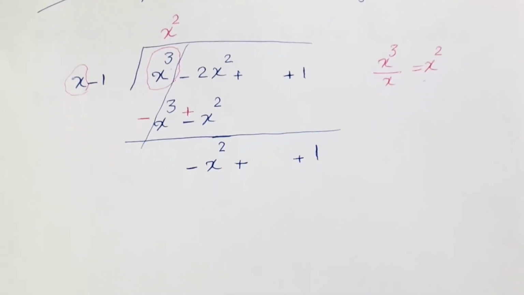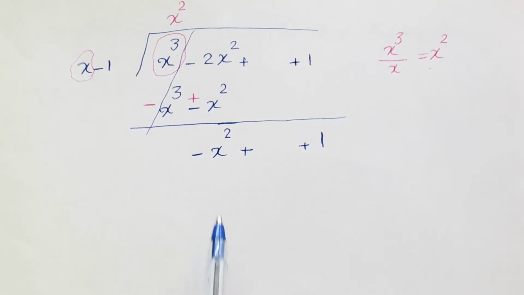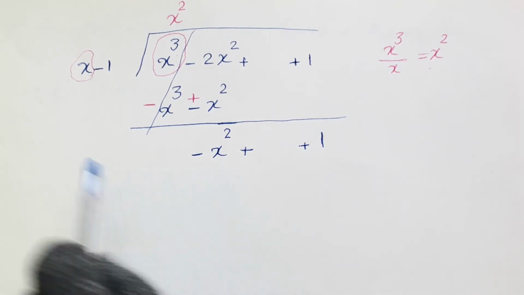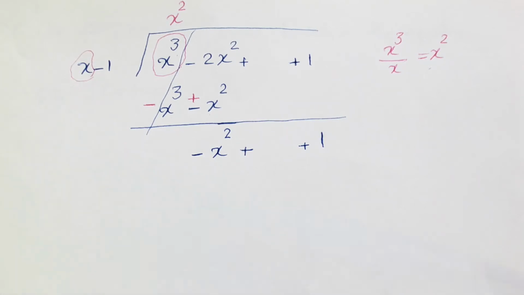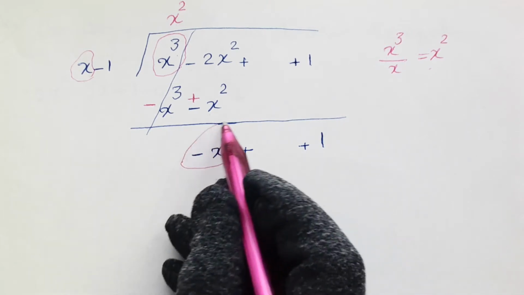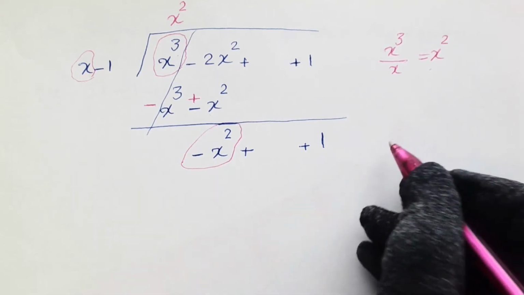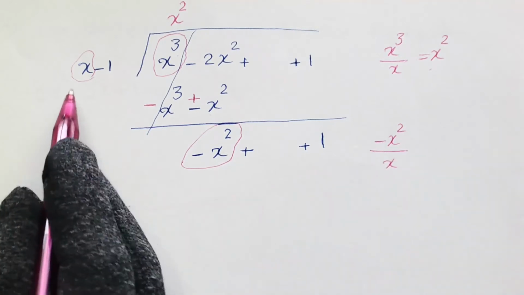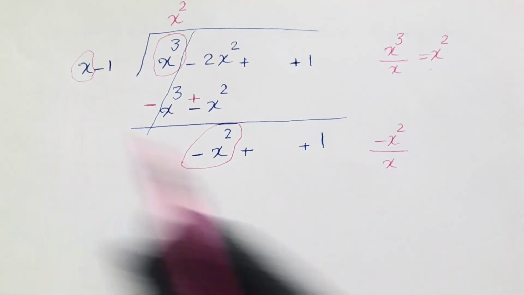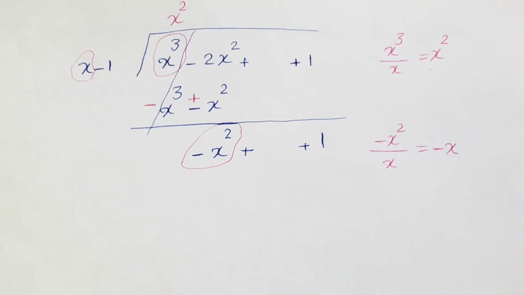Now we need to continue this division until the power of x is less than the power of the divisor. So I need to continue division. This time the leading term is negative x squared. So negative x squared divided by the leading term of the divisor, x, if I simplify, the answer is negative x.